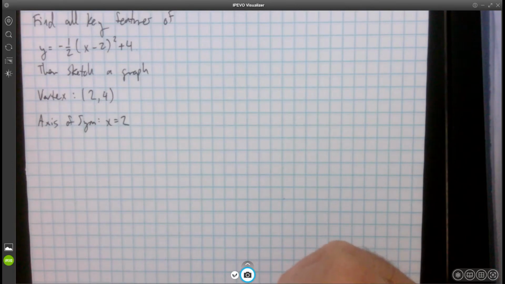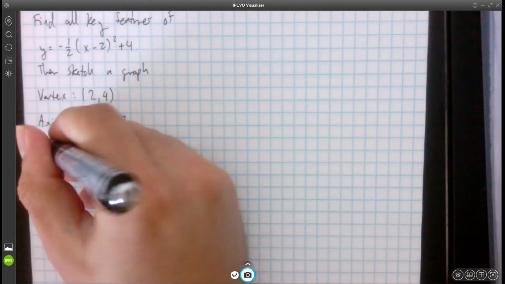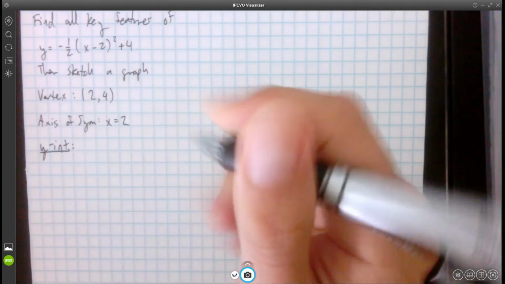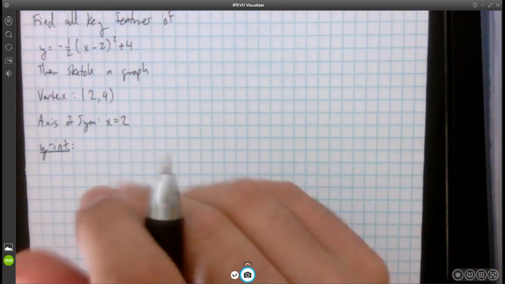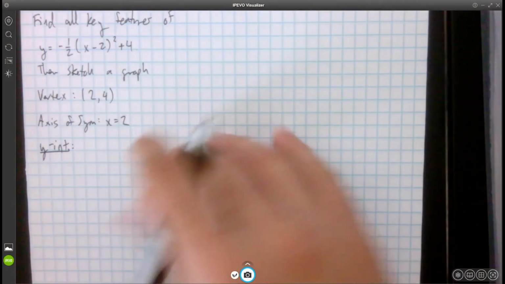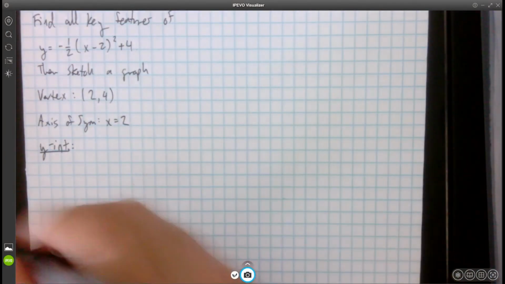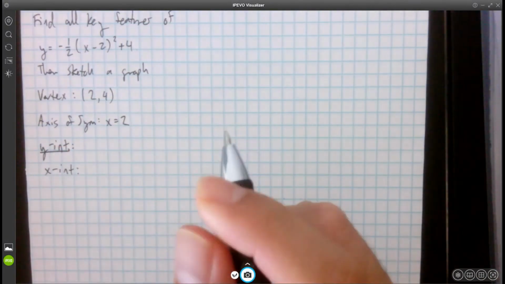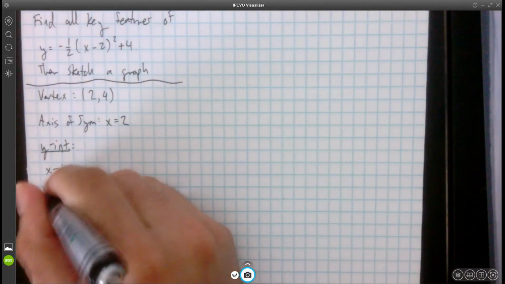Let's see if I can find some other information. Let's find my y-intercept, and my x-intercepts. Like I said, there's no specific order in which you have to go about it. I also want to know if this opens up or down.